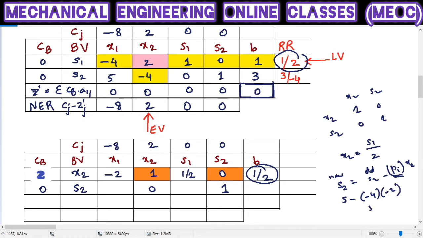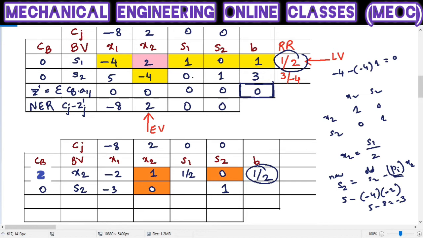This becomes 5 minus 8, which is minus 3. So we can write it here. Similarly, let us see whether we get 0 for this value. It should be minus 4, minus of minus 4 into 1. So minus 4 plus 4 is 0. So this is 0.